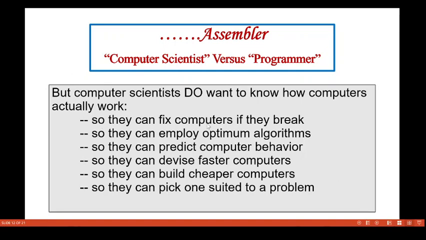They should know how computers actually work so that they can fix computers if they break, so that they can employ optimized algorithms, so that they can predict computer behavior, so that they can devise faster computers, so that they can build cheaper computers, and also so that they can pick one suited to a problem.